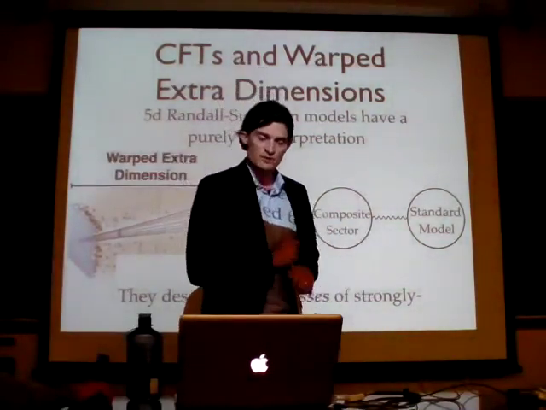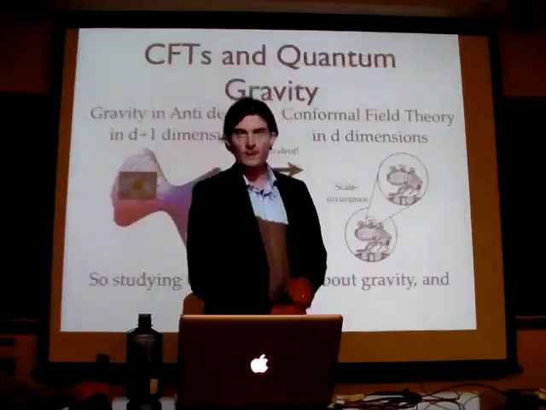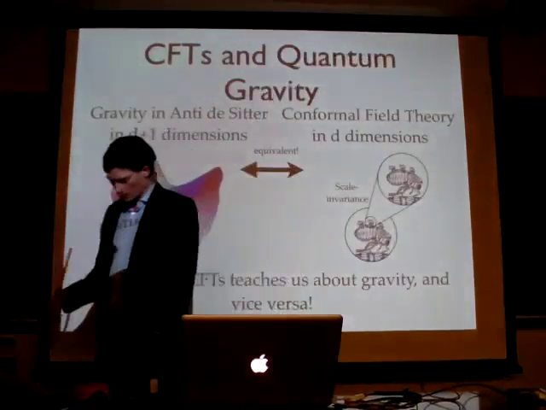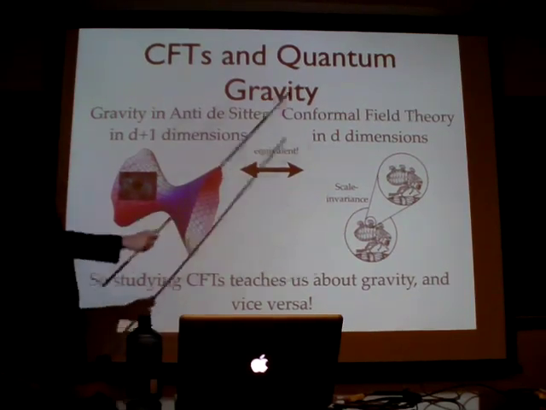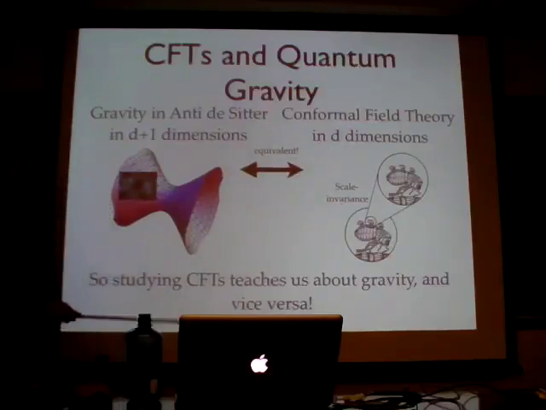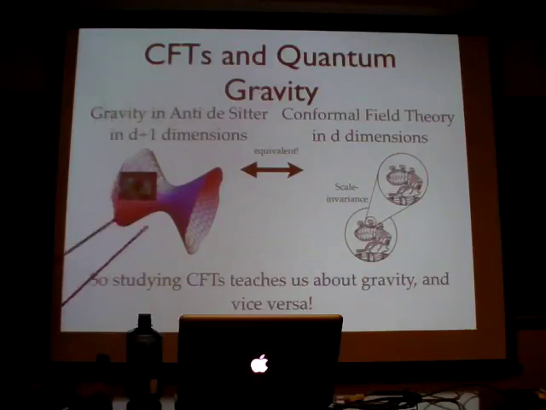This connection between 4D and 5D theories is part of something much bigger, what's called the AdS/CFT correspondence, which is one of the most profound discoveries in theoretical physics in the last few decades. What it says is that conformal field theories in d dimensions are in fact equivalent to theories of quantum gravity in anti-de Sitter space in d plus 1 dimensions.